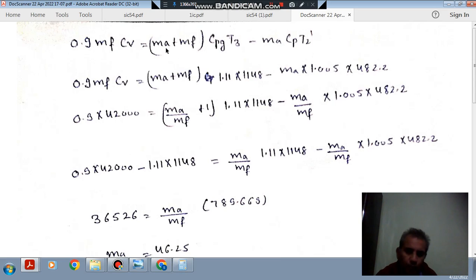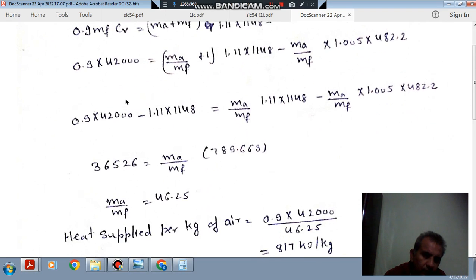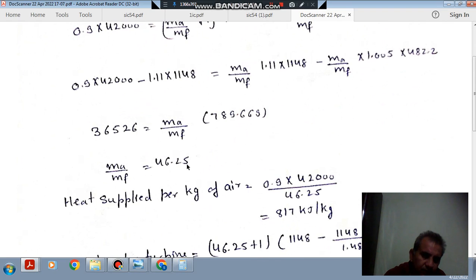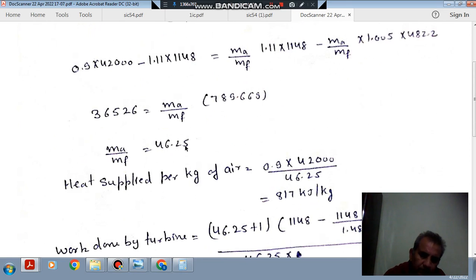So we take both air plus fuel with CPG, while initially we have only air, so we have MA CP T2 dash. T2 dash is the initial temperature for the combustion, and T3 is the final temperature. Putting the values of CPG, CP, T2 dash and T3, we get MA by MF as 46.25.